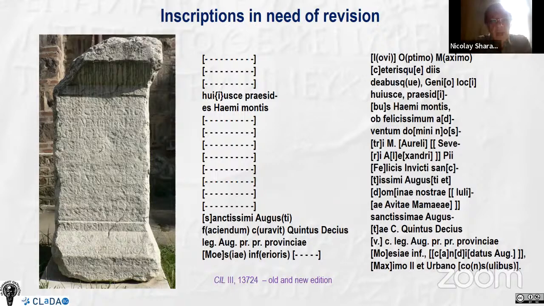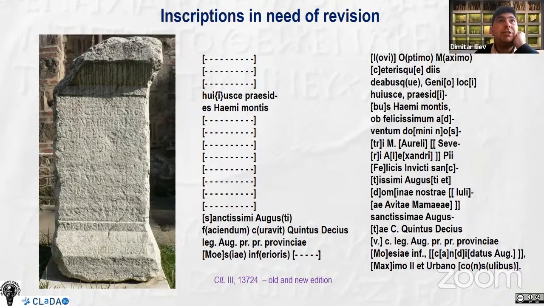And actually, even on this photograph, you see that some of these lines are well readable, others are not, but the text could be restored. Also, we have photographs of this inscription when it was in much better condition, so they also helped us to restore this text. Yes, sometimes old editions also help.